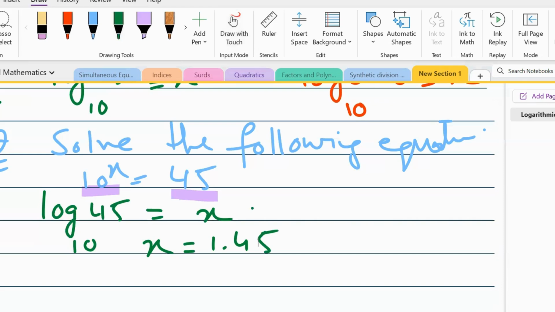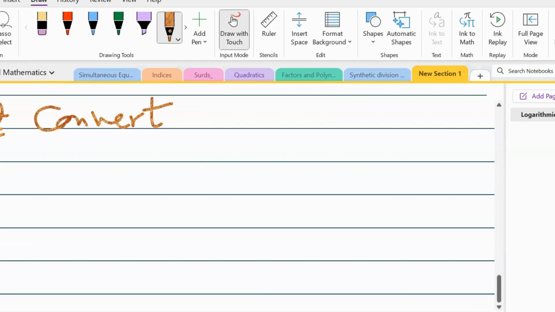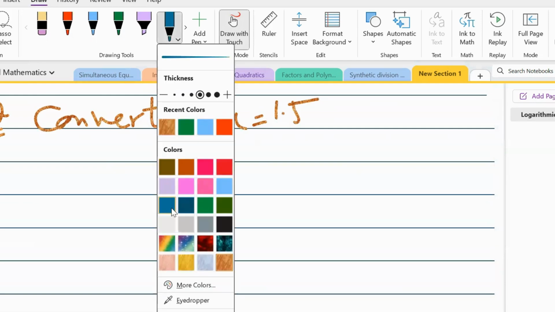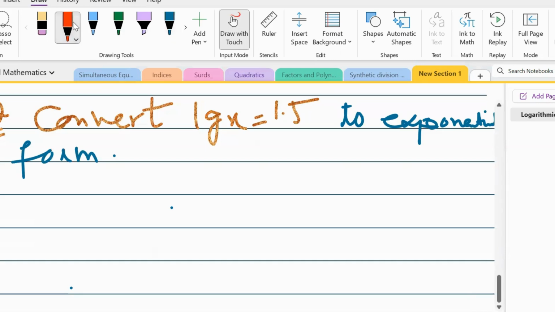And the second question is: convert lg x equals 1.5 to exponential form. lg x means log with base 10.